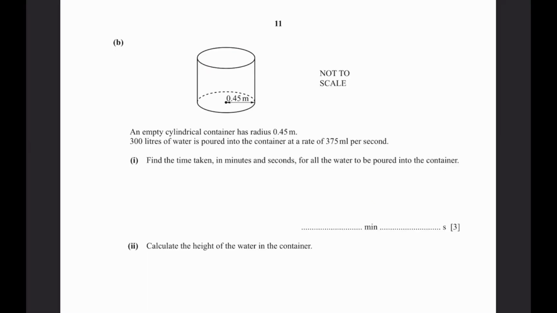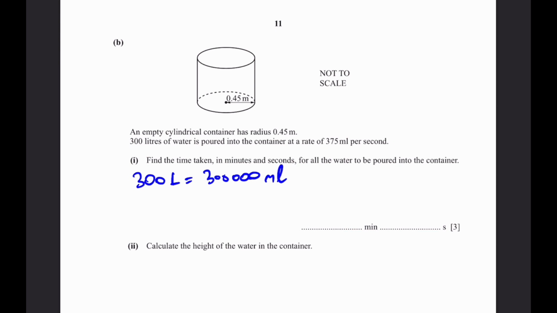An empty cylindrical container has a radius of 0.45 meters. 300 liters of water is poured into the container at a rate of 375 ml per second. 1. Find the time taken in minutes and seconds for all the water to be poured into the container. So 300 liters of water is equal to 300 times 1,000, 300,000 milliliters, right?